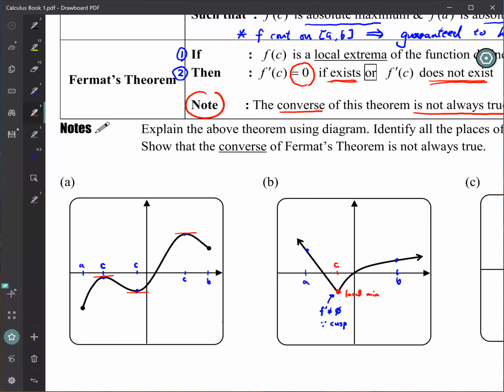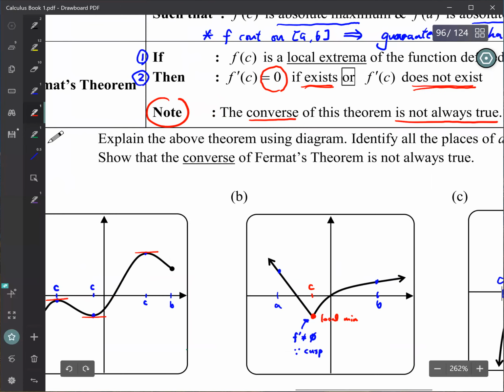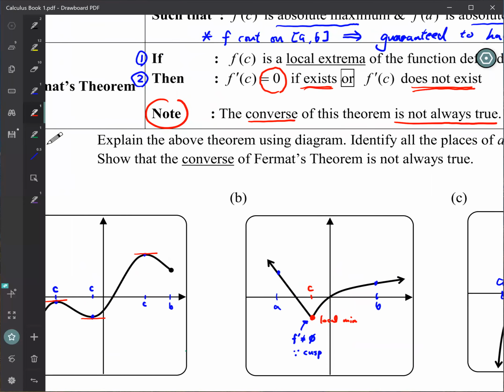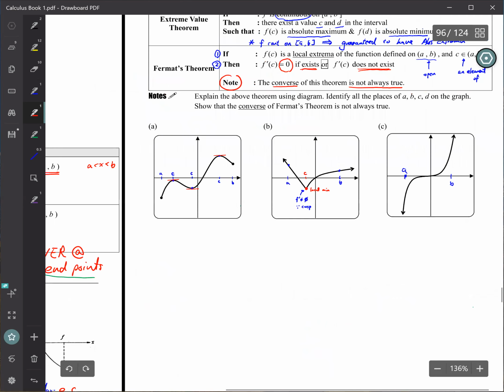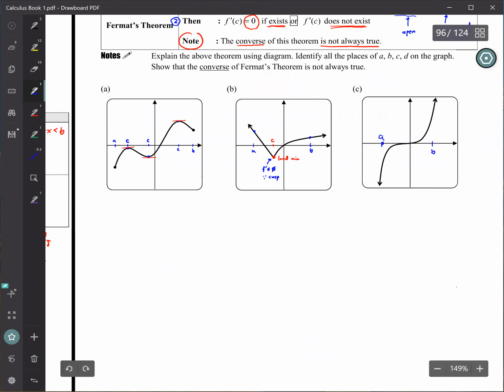Because it rained yesterday, and there's a little dip in the road, so there's still water. No. Converse means you have to say if the road is dry, I already know the road is dry, then it's sunny. Should I write it out so you know what I'm saying? Yes, please. It could be cloudy instead.